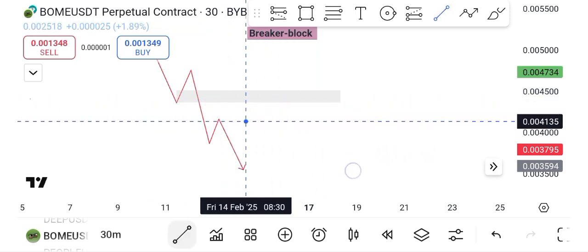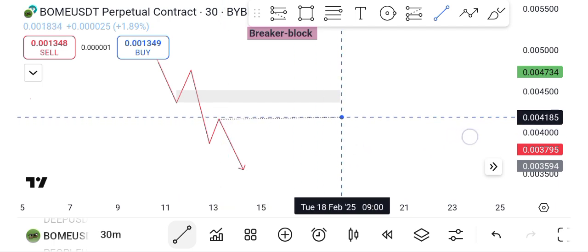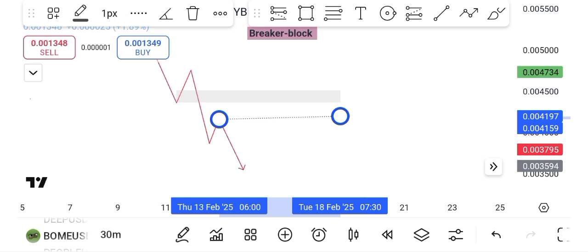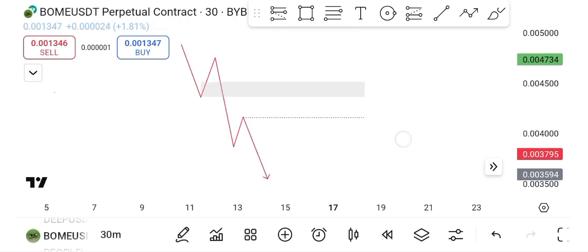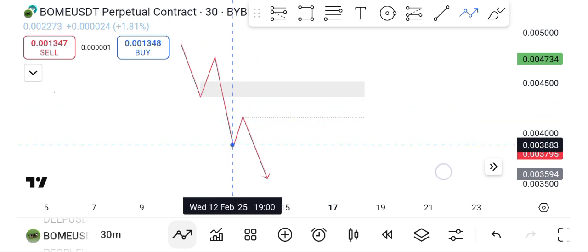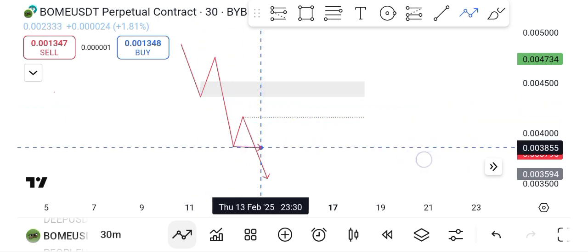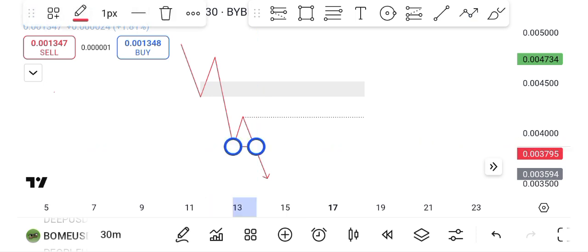Now we have a fair value gap and we have liquidity. This is what you want to pay attention to. Fair value gaps and liquidity, you always want to pay attention to them when trading breaker blocks. When you have a fair value gap and liquidity lying at this point, this is another structure that was formed and it created liquidity.